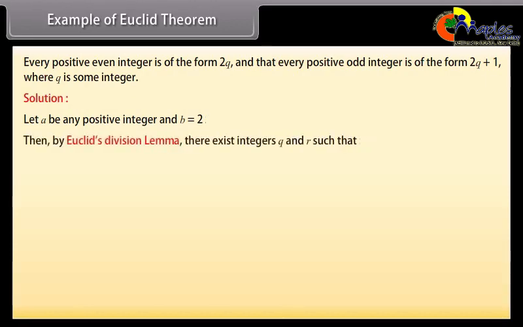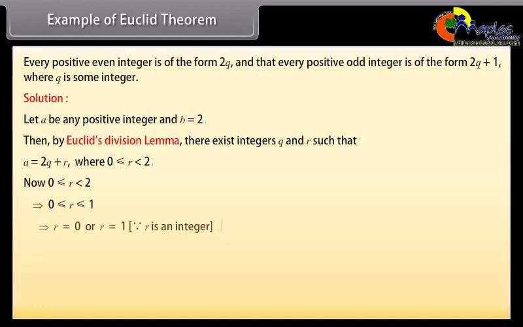Then by Euclid's division lemma, there exist integers q and r such that a = 2q + r, where 0 ≤ r < 2. Now, 0 ≤ r < 2 implies 0 ≤ r ≤ 1, which implies r = 0 or r = 1 because r is an integer.